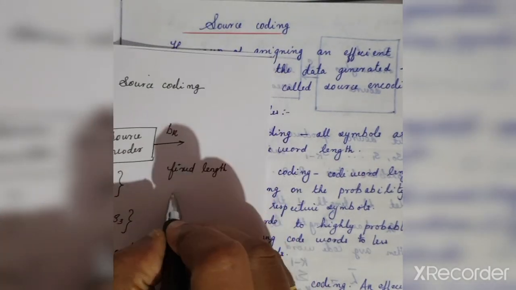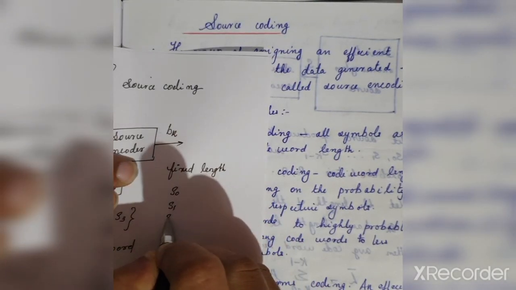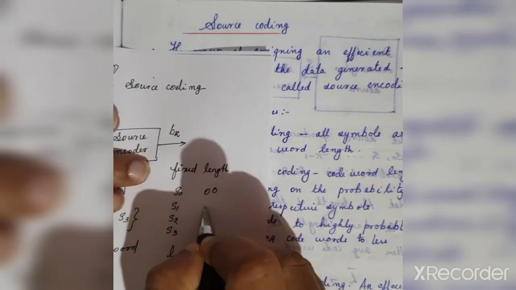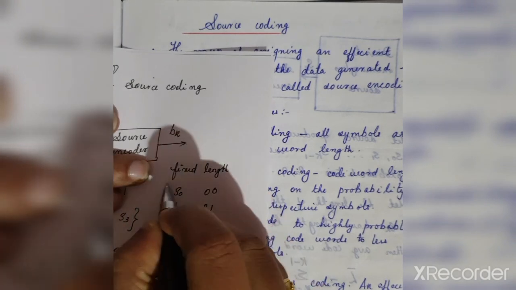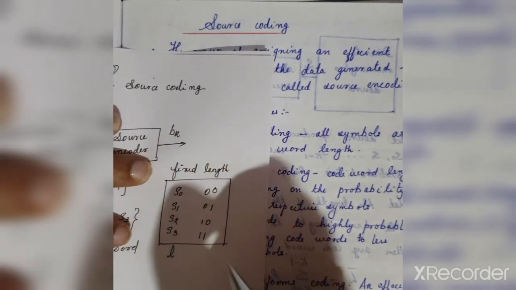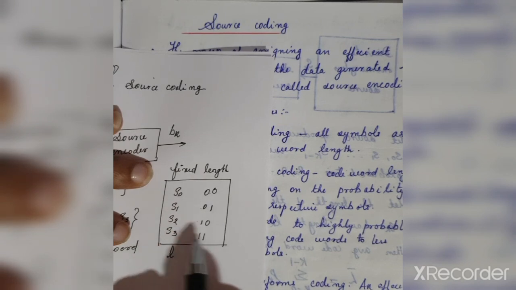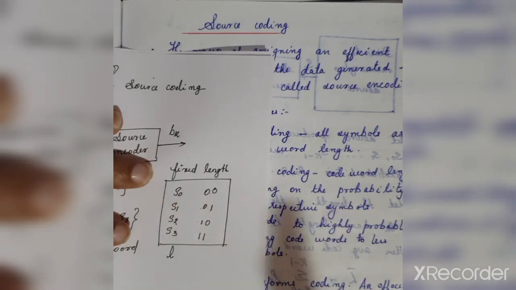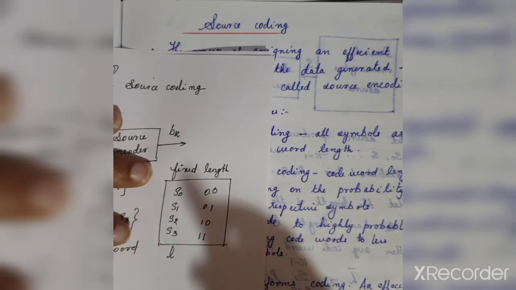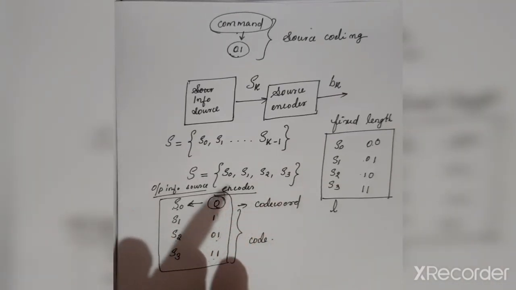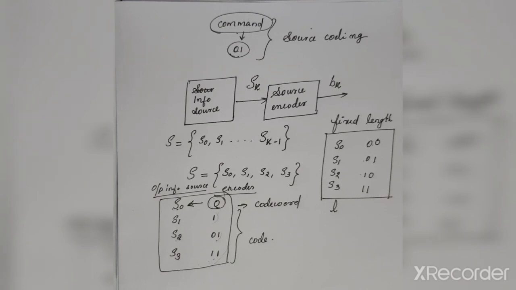But what will be a fixed length code? For example, if S0, S1, S2, S3 have 0 0, 0 1, 1 0, 1 1, this code is a fixed length code, because every code word has the same length. But the example we have considered here is a variable length code.